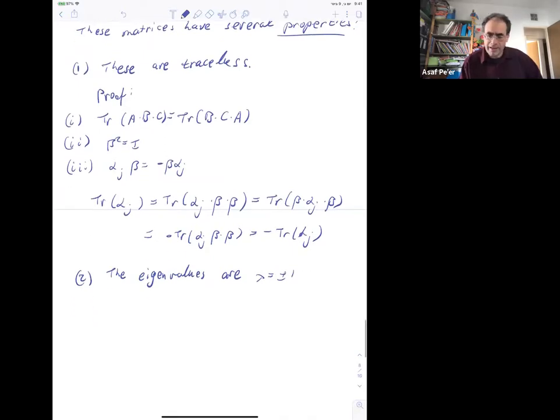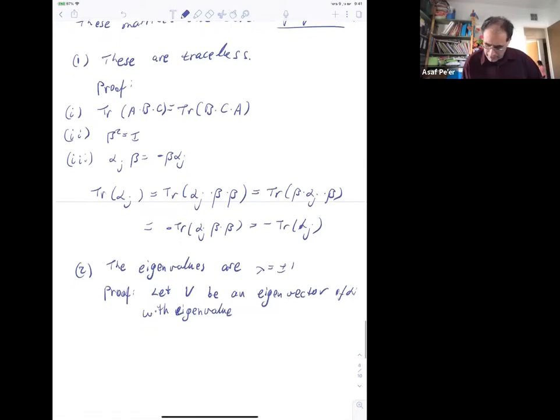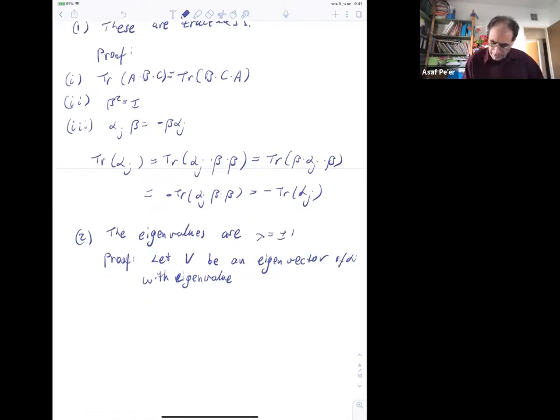So if V is an eigenvector of alpha i with eigenvalue lambda, that is that alpha i V is just lambda V, right?